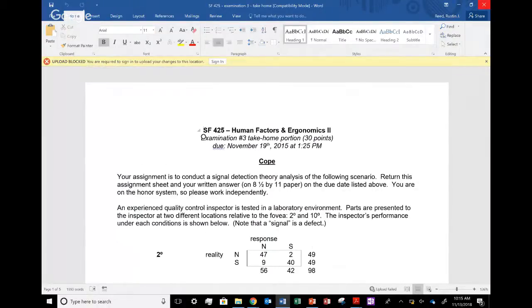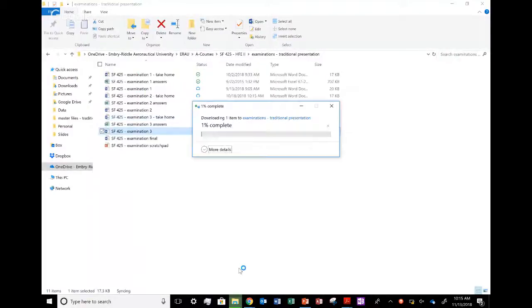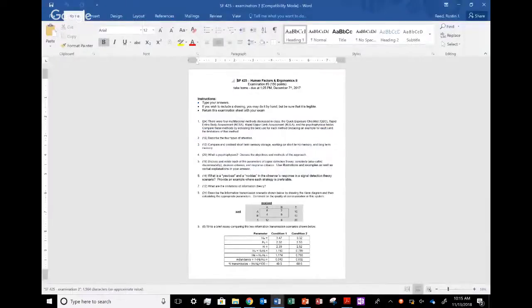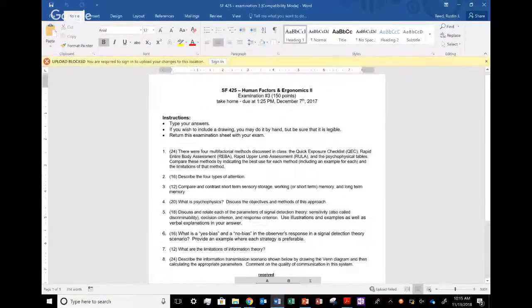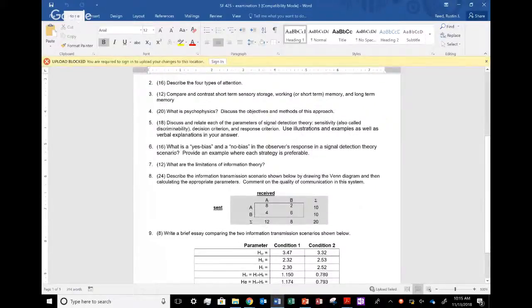It's all take home. I don't understand exactly why he labeled these this way, but they're both take home. They will both be due on the finals day. And for signal detection theory, there is one other problem on here, but this is actually for information processing.